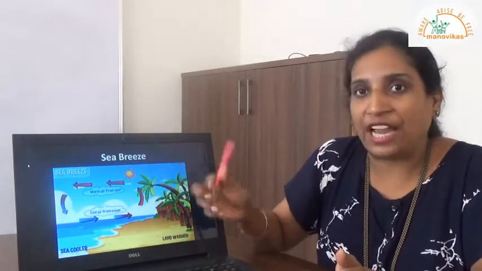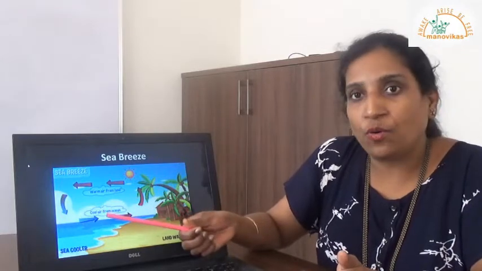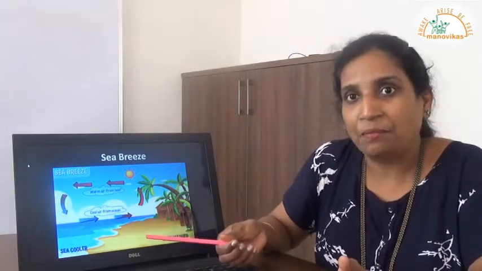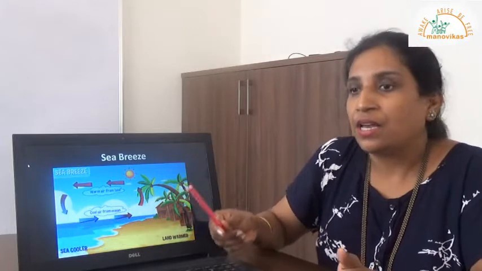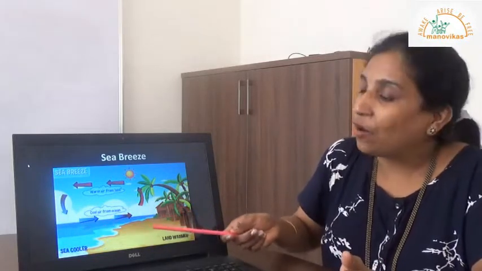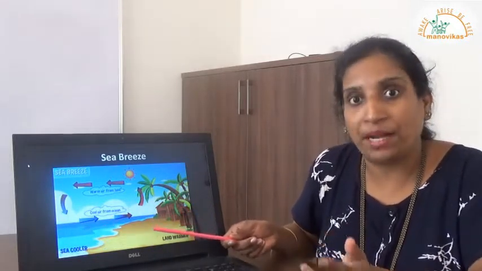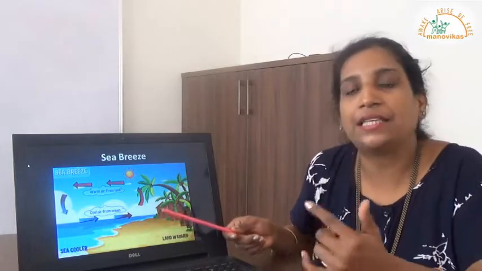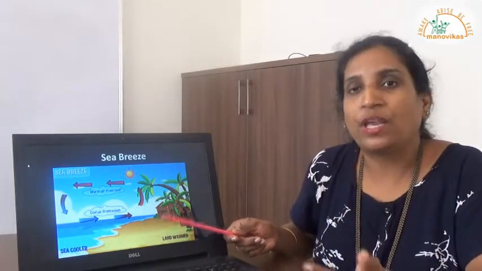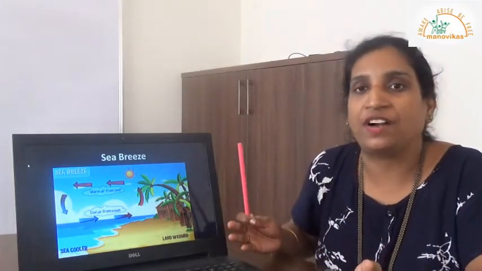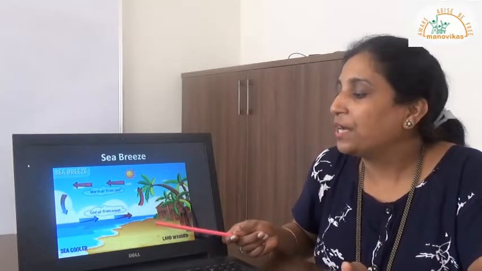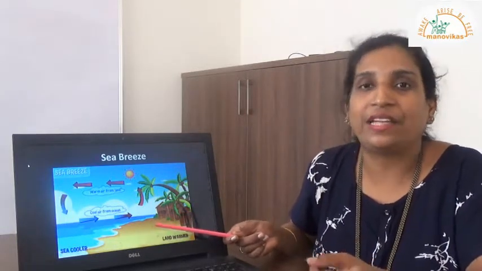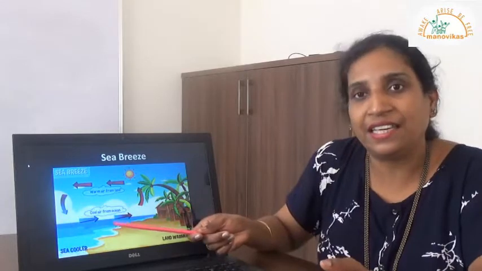Here the sun is shining, this is the sea coast, this is the land area. What happens during the daytime? Sea gets heated up, land also is getting heated up, but land gets heated up faster, and it gives out the heat faster. So during daytime, temperature increases on the land faster than the sea.